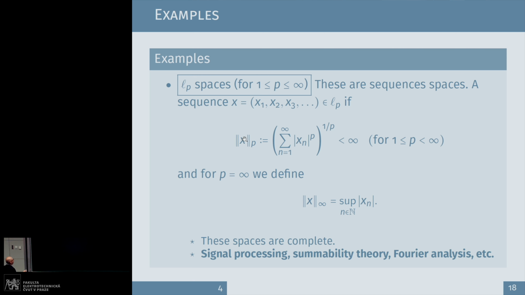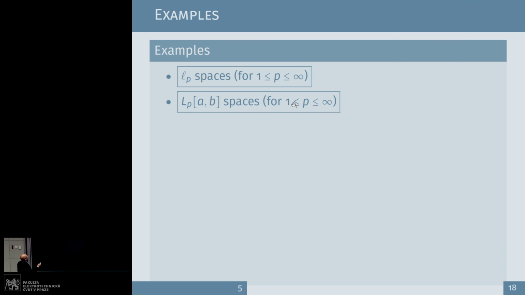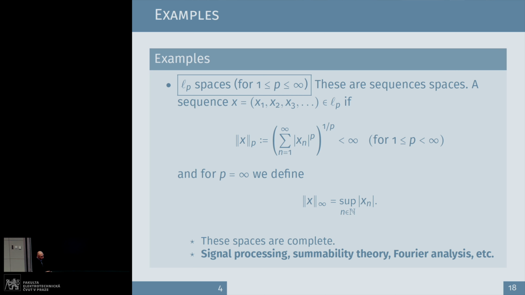Okay, why are these spaces so important? Because they appear in different areas of study. For instance, in signal processing, probability theory, in Fourier analysis, etc. The same thing happens with the big L_p spaces, which are actually functions. This time you do the same story, and also you have some applicability in real life.